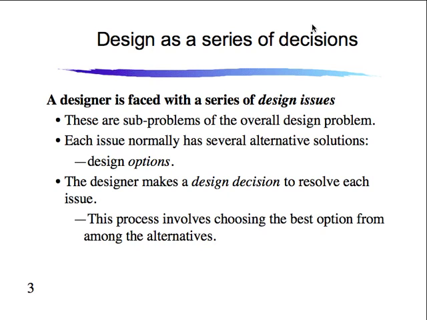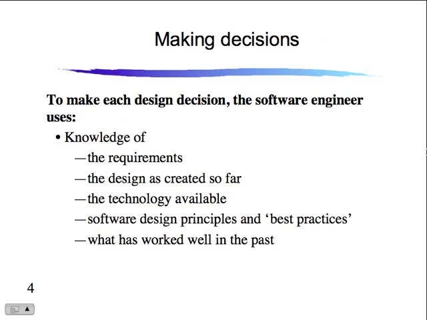So designers are faced with a series of design issues, sub-problems from the overall design problem. You've broken the problem out, hopefully, into different modules. Issues have many different alternative solutions that might exist, different options, and you try to pick the best option, which is really a decision process, making a design decision. The process involves choosing the best option among all of the different alternatives that might exist.